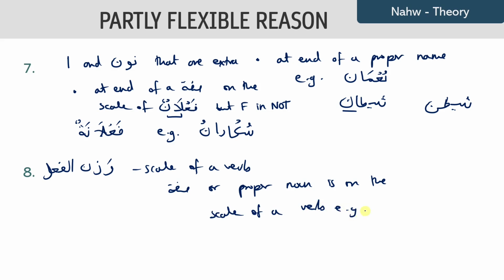So for example, the word ahmadu or the word ahmaru, they're on the scale of أفعل, which is the مضارع form for I did.